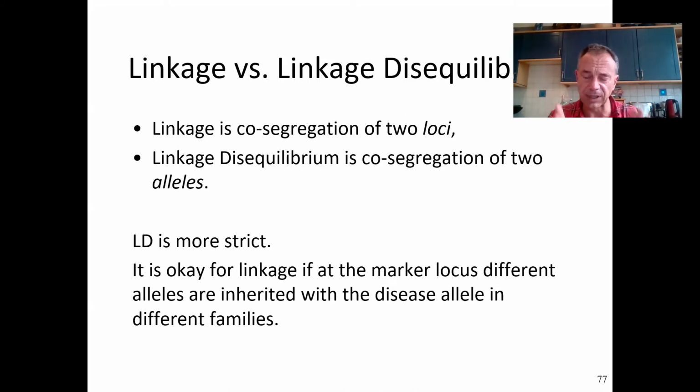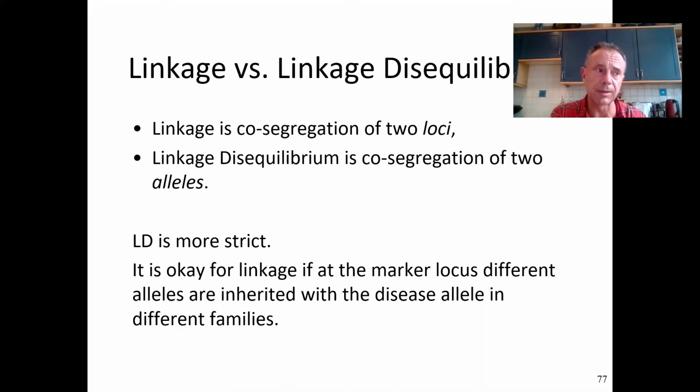For linkage disequilibrium to be detectable, it has to be the same allele which is associated in a bunch of unrelated subjects. I'd say 1,000 people with cystic fibrosis, and on average, it's going to be the A marker allele that is associated with the disease.